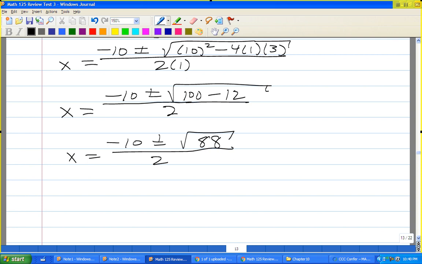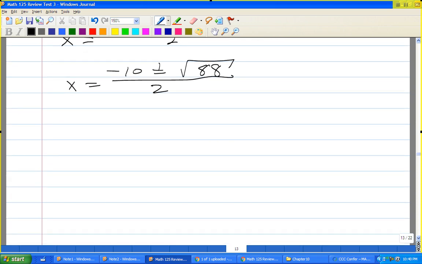Let me write 88 as 4 times 22. The square root of 4 is 2.